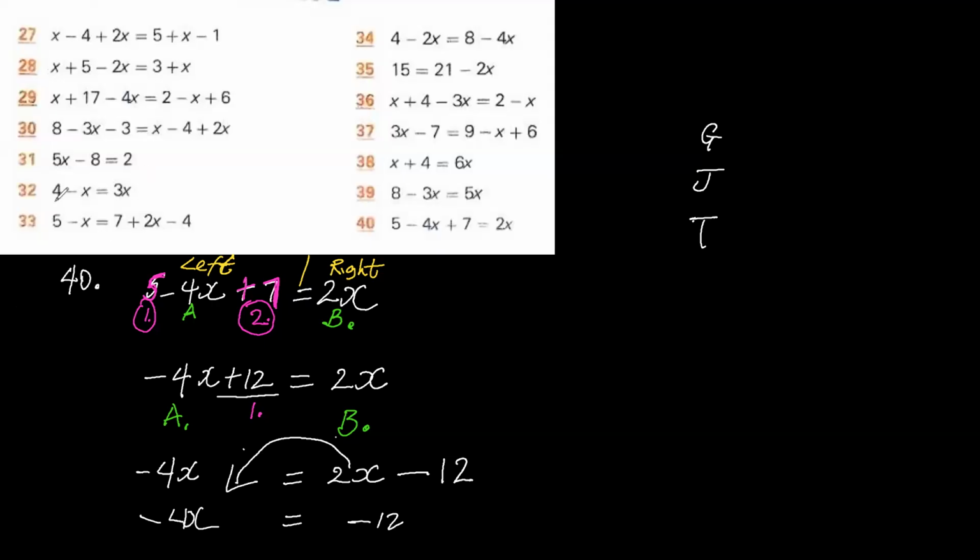So let's ask Gabriel again. Would it be positive or negative when it comes across? Would it be positive 2x or negative 2x? I think it'll be positive.